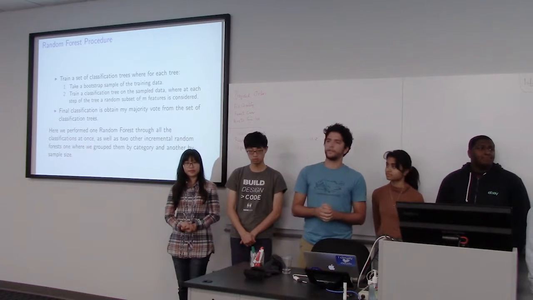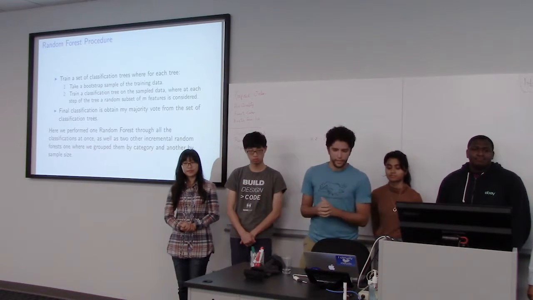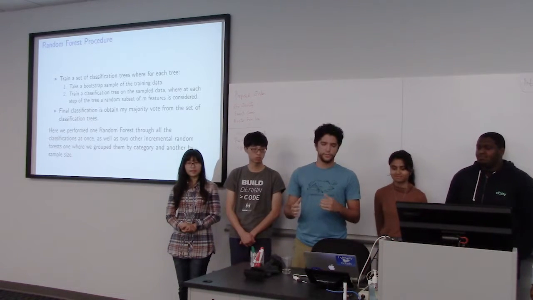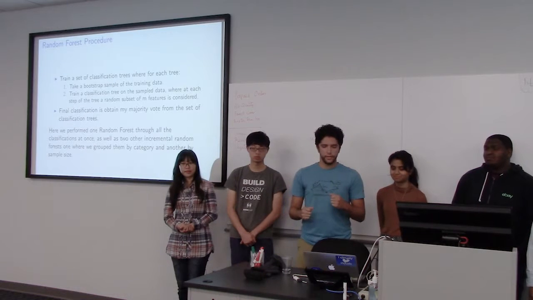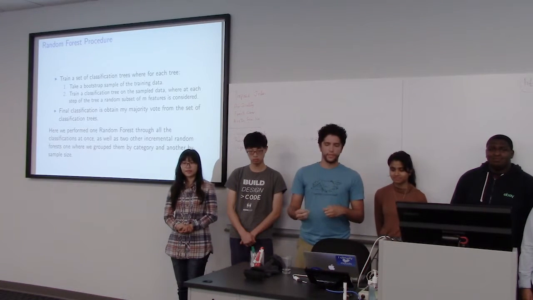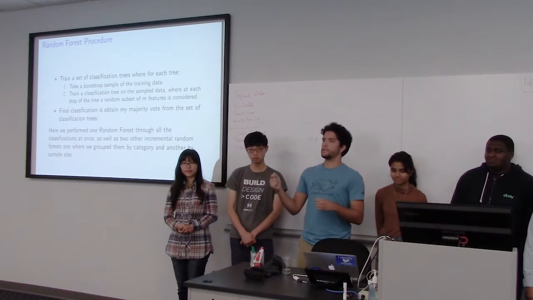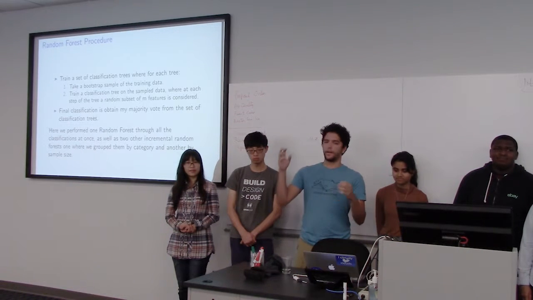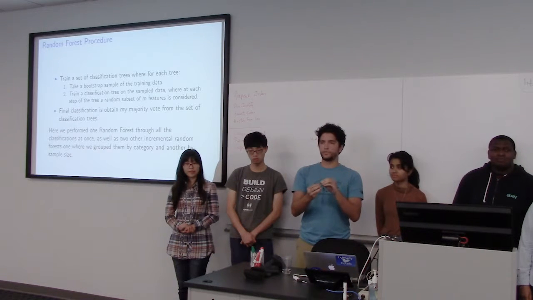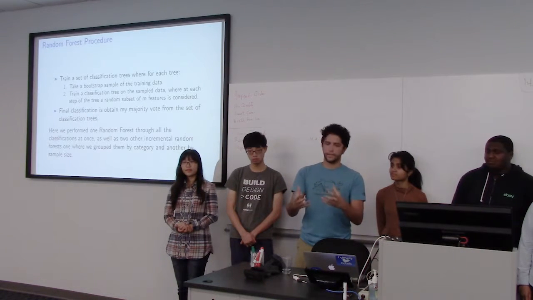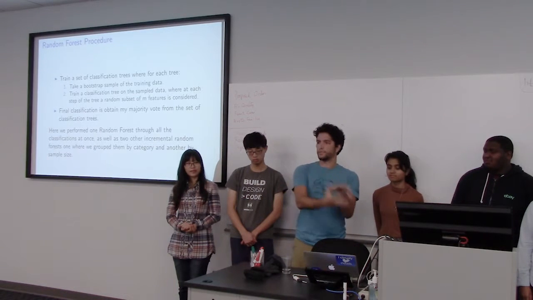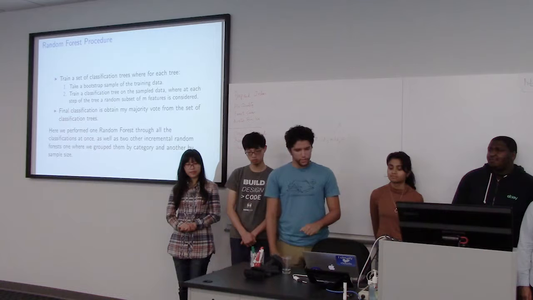In classification, it also differs from tree bagging in that you take the majority vote of the classification trees. If 50% of the nodes chosen are from one, we'll take that.